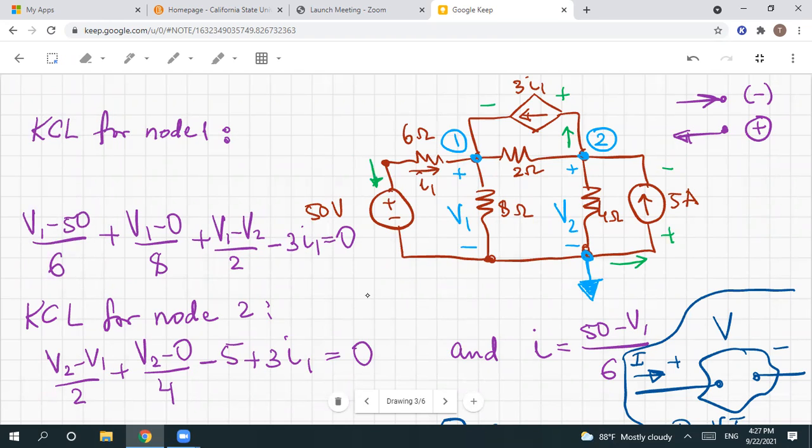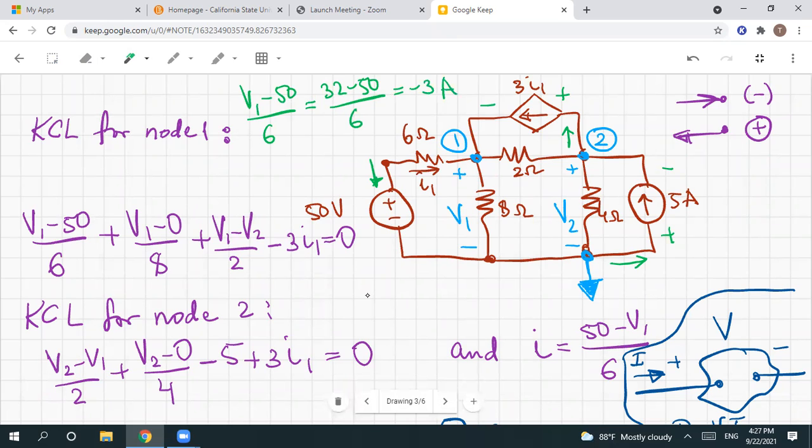Going to the left, it will be V1 minus 50 over 6. And V1 is 32, so 32 minus 50 is negative 18, over 6. It will be negative 3 amperes.